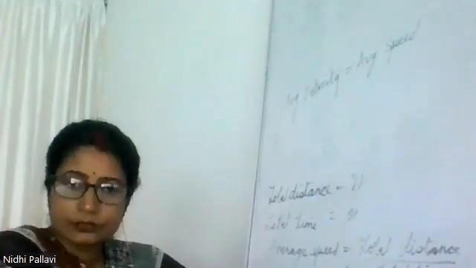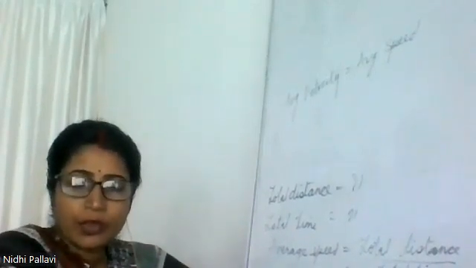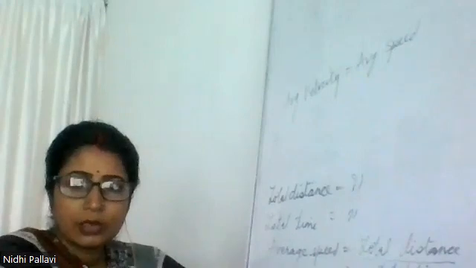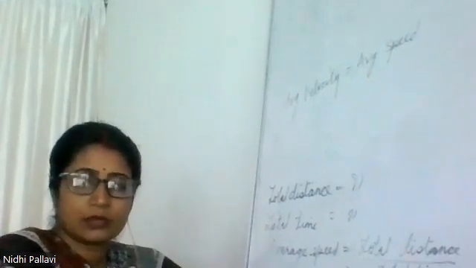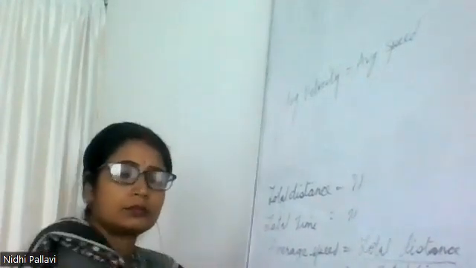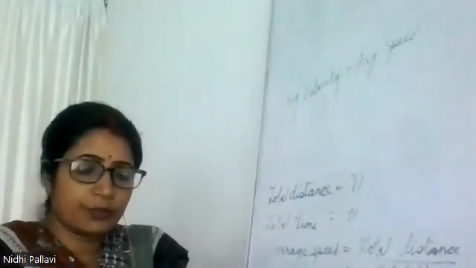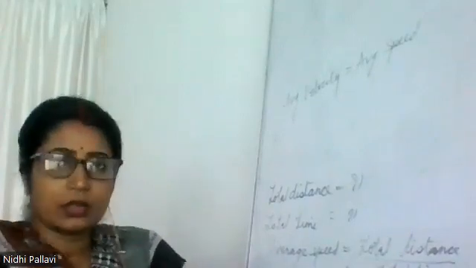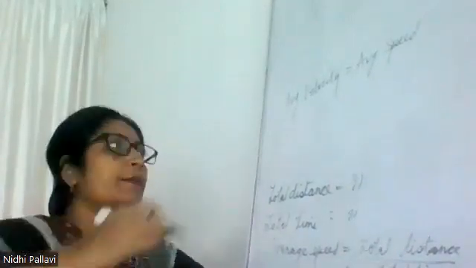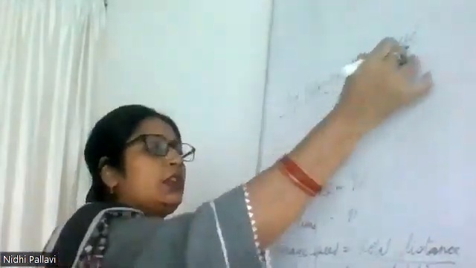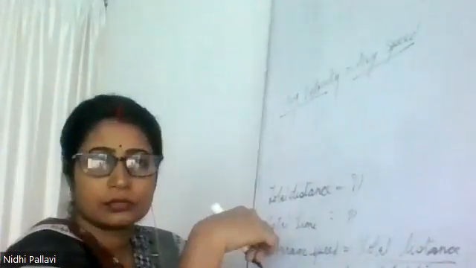In which condition is it possible? Anyone? Is this possibility there or not? First of all, tell me this: will the average velocity be equal to average speed or not?